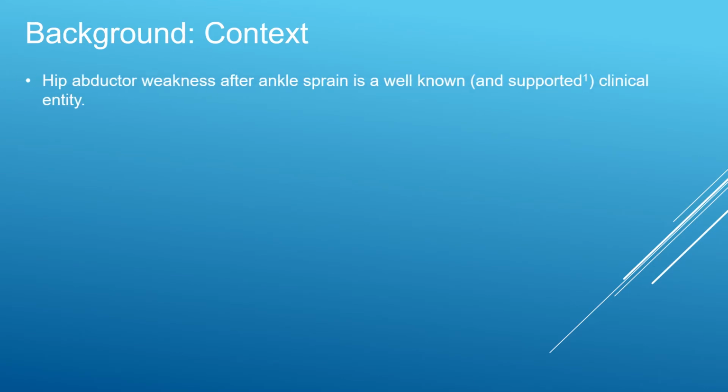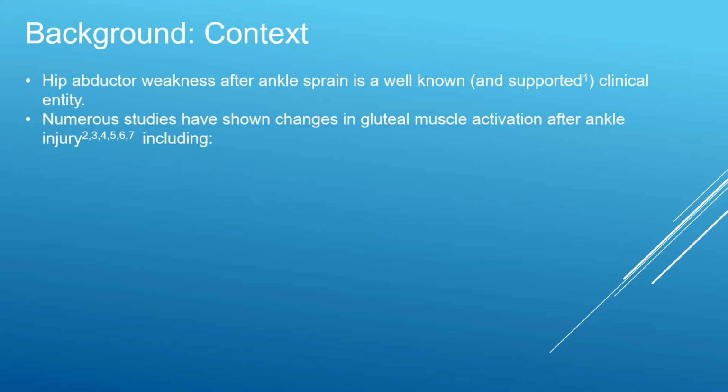So we'll look at some studies that provide some background context to our study. Hip abductor weakness is a known phenomenon after ankle injury. There are a number of studies that show changes in the hip muscles after ankle injury, including altered glute medius activation timing. Interestingly, not the amount of activation, but the timing during the gait cycle.